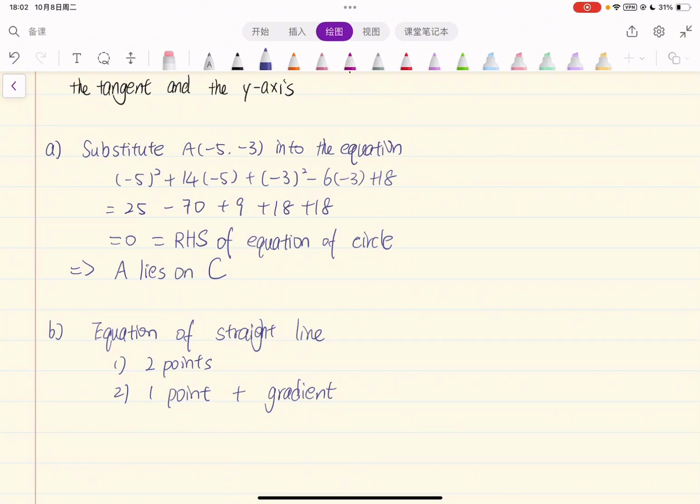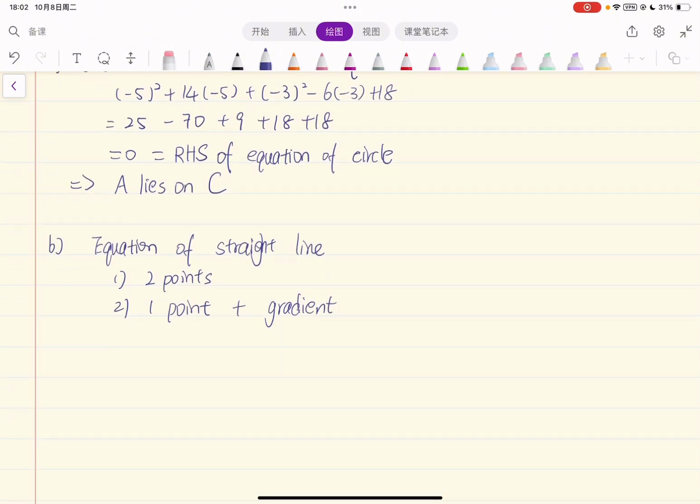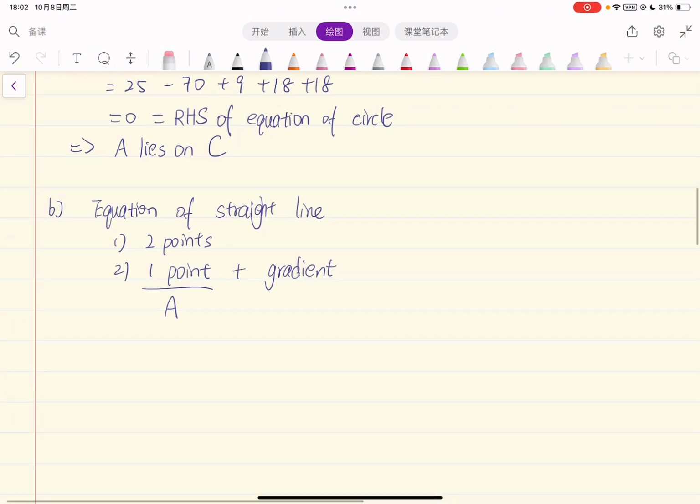We know the tangent intersects the circle at point A, but we don't know the gradient. So we need to find the gradient of the tangent.